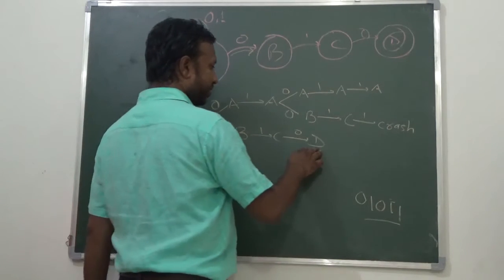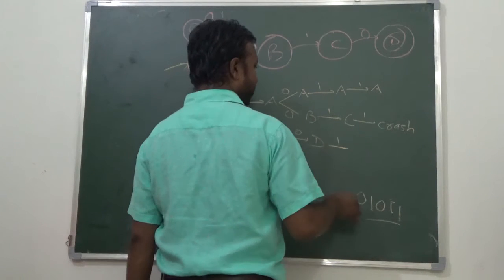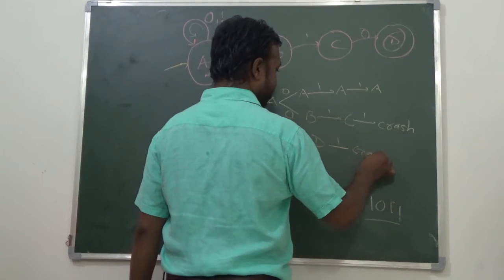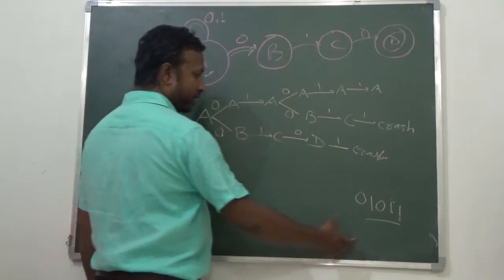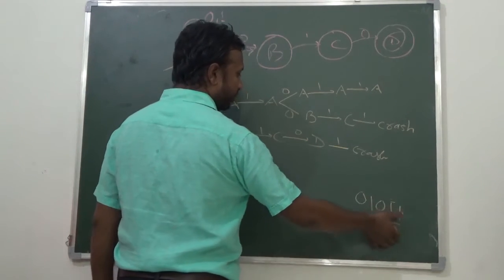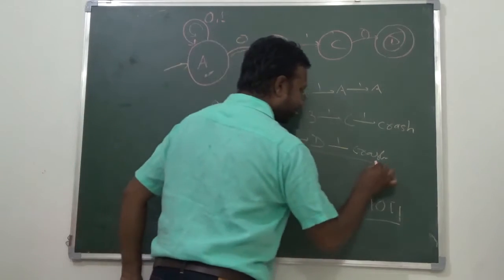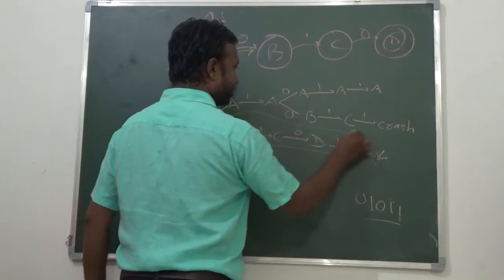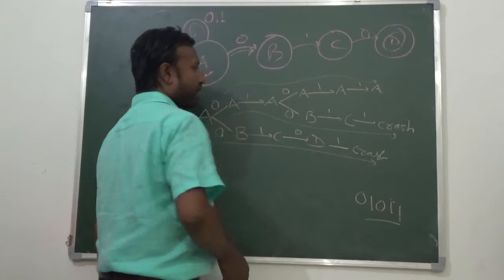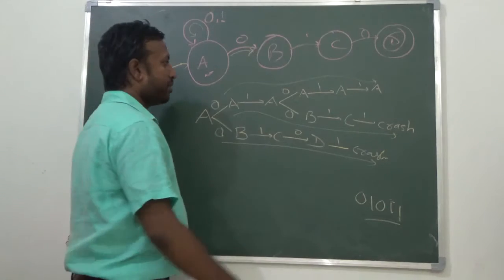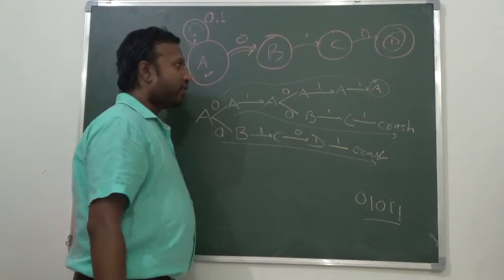But if the machine decides to stay in D, then there is no choice for 1 and the machine crashes. Okay. So by processing this input 0 1 0 1 1, the machine either crashes by following these two directions or stays in A. In both cases, the machine is staying only in a non-final state.